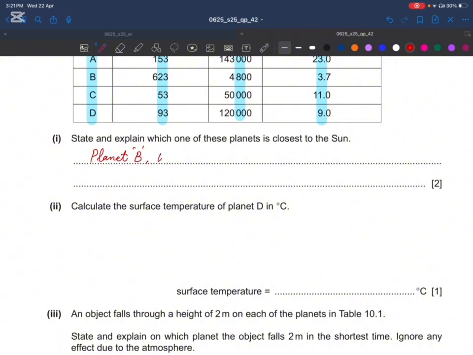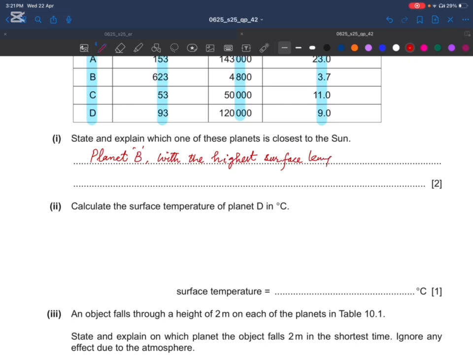And why? Because we are writing this reason: with the highest surface temperature.